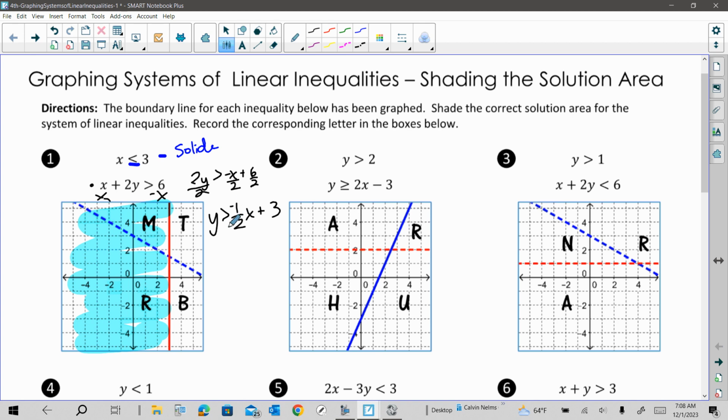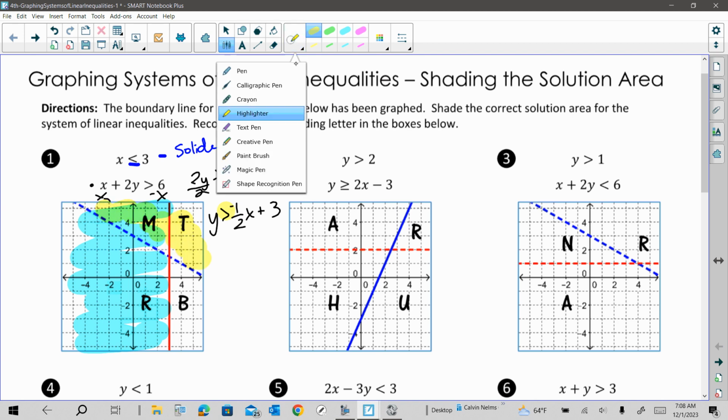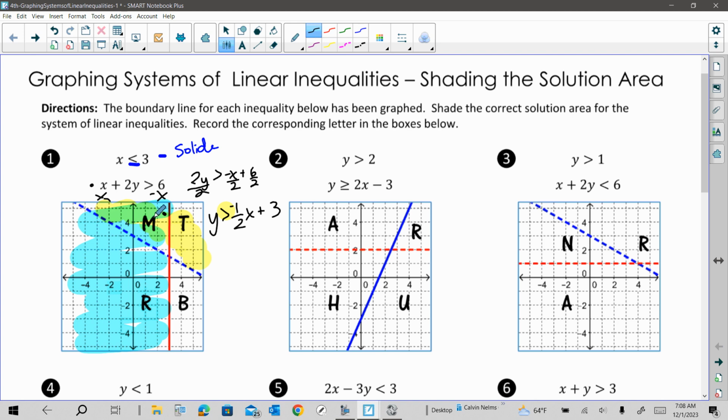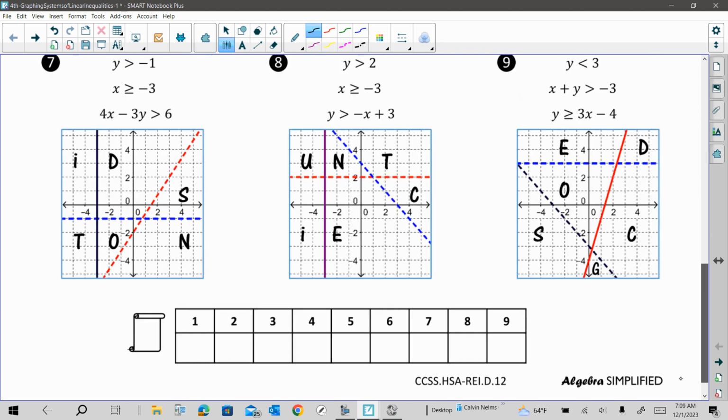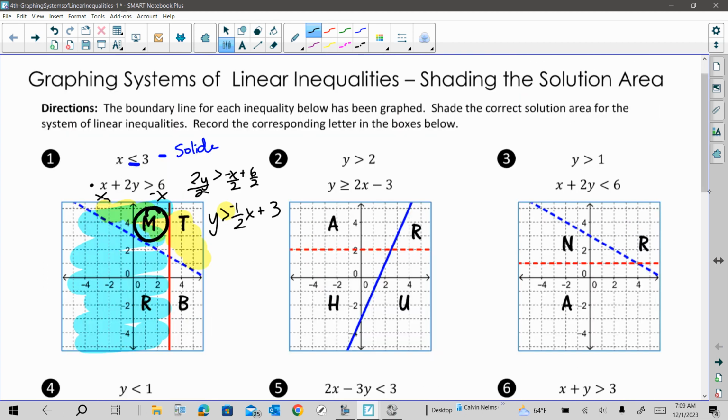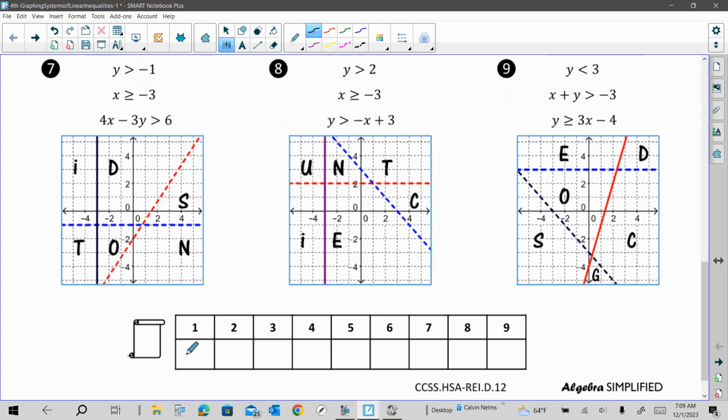And since it's greater than, that means we're shading above, and we're looking for the overlapping, where the solution would be, and the overlapping is here, so that would be the M. So we go down to number 1 here, in the box, we're going to put the letter M. And then we're going to check the next one.